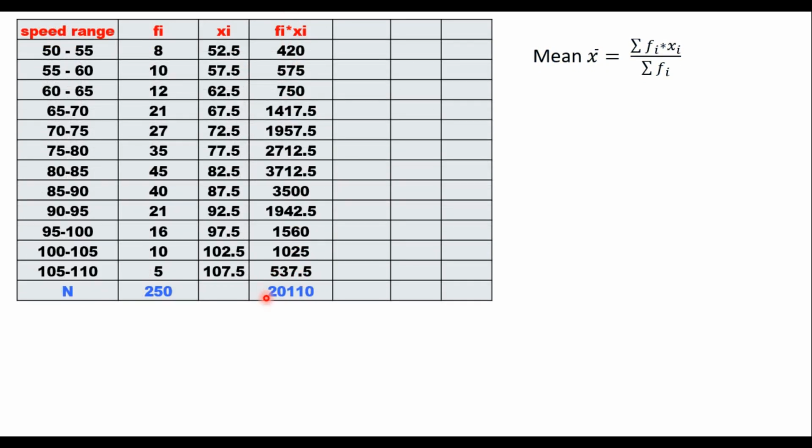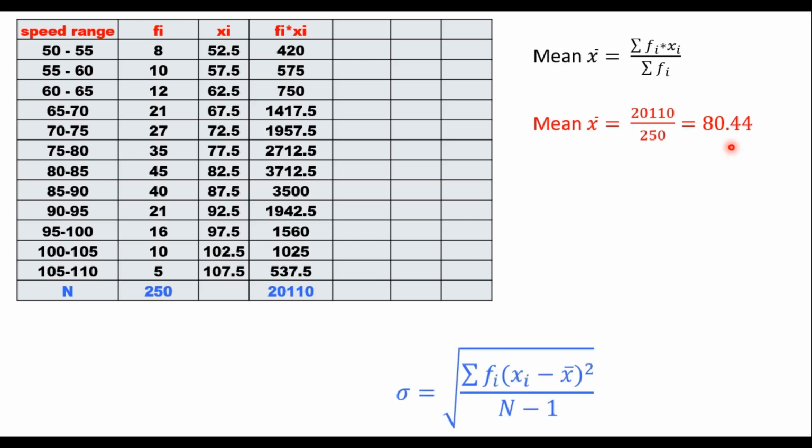Total sum is 20,110, and this is summation of fi, that is capital N, the total number of frequencies. So you can calculate this mean now: 20,110 divided by 250, 80.44 km per hour.